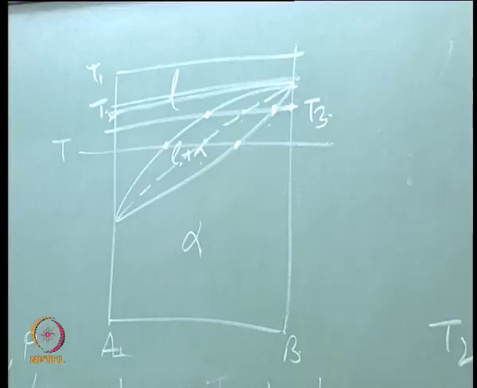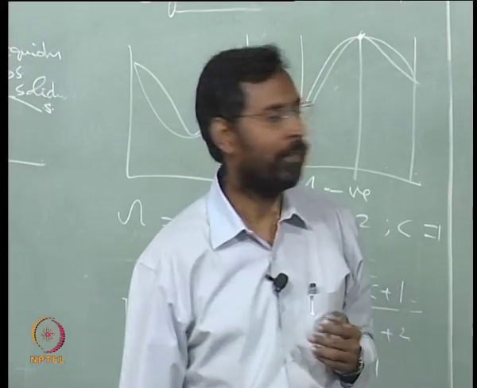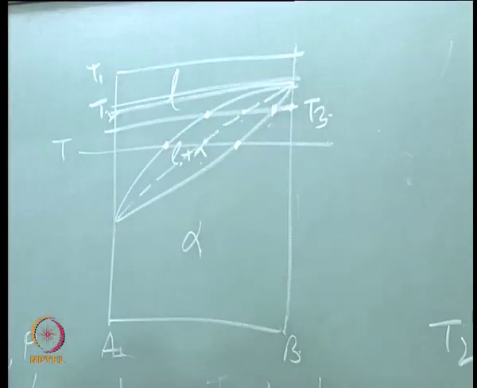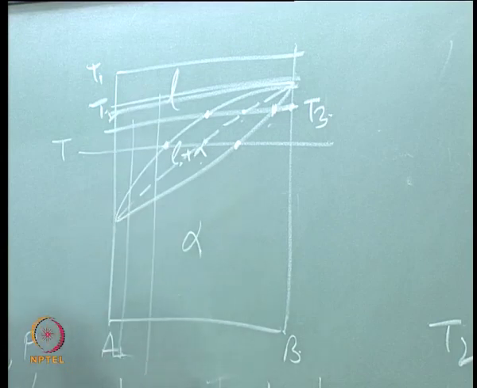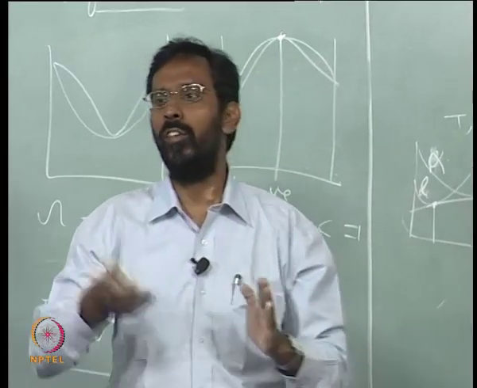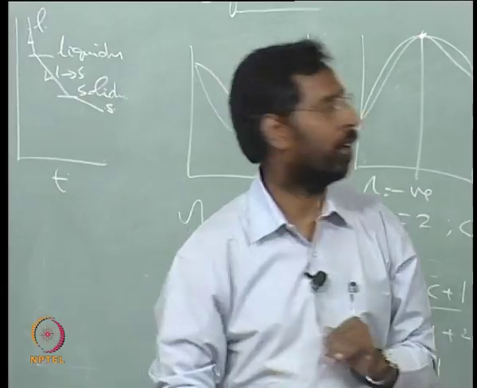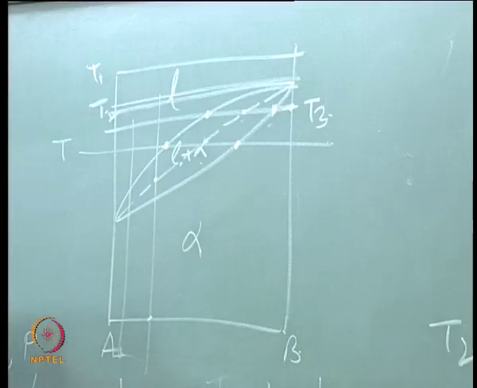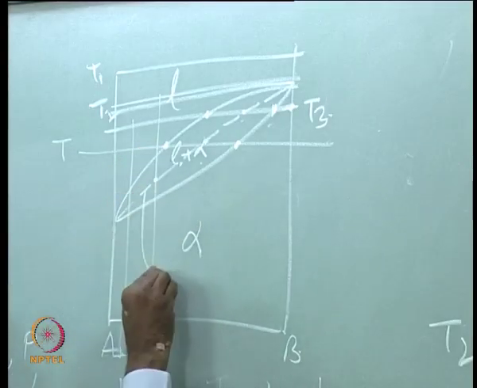So as a result, this is nothing but the locus of all those compositions which have the same free energy, where the alpha and liquid have the same. So, that means this tells you at what temperature. For example, if I choose an alloy of this composition, at this composition what is the temperature at which the free energy of alpha of that composition is equal to the free energy of liquid of that composition, and that particular point is this, and this line is called the T naught curve.